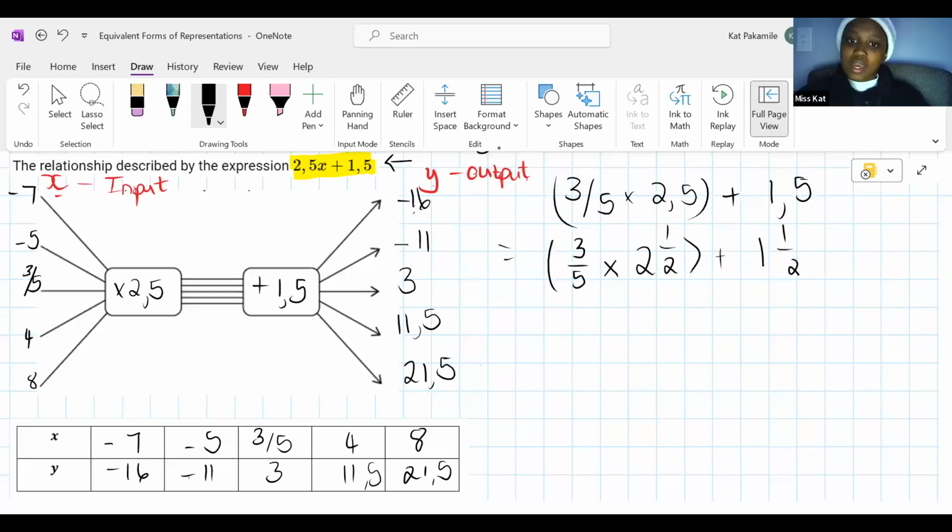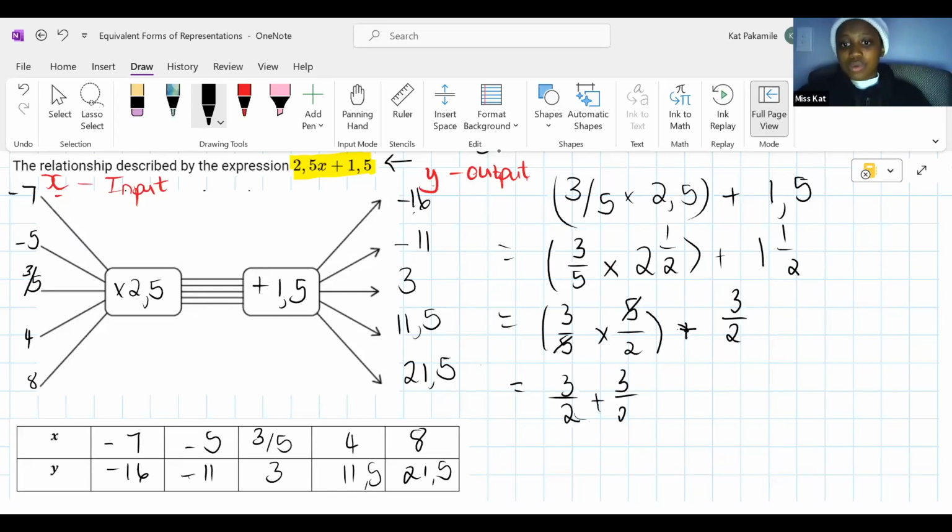Okay, this is for people who don't like calculators like me. 2, 4, 5 over 2 plus 2, 3 over 2. These 5s can cross cancel, so you're going to be left with 3 over 2 plus 3 over 2, which is 6 over 2, and 6 divided by 2 is 3.